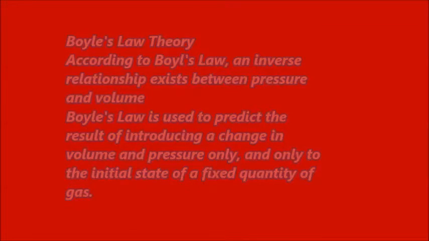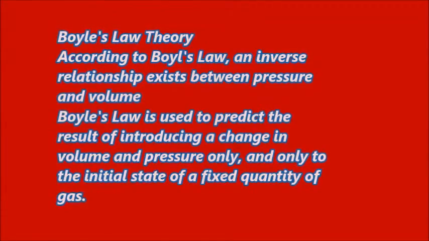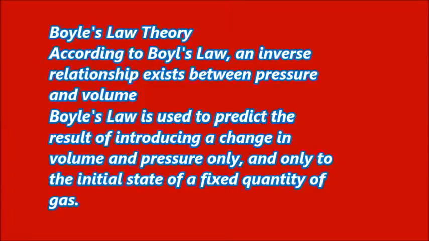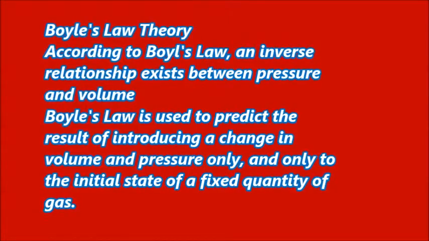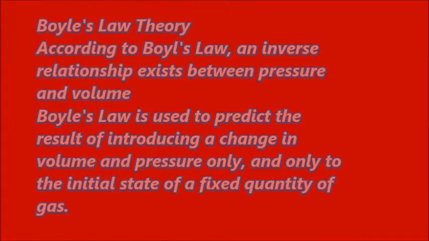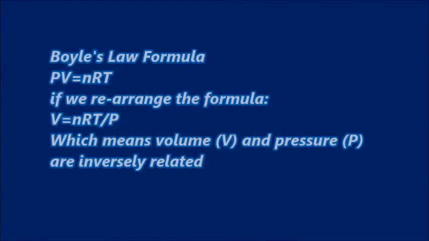According to Boyle's law theory, an inverse relationship exists between pressure and volume. Boyle's law is used to predict the result of introducing a change in volume and pressure only, and only to the initial state of a fixed quantity of gas. If we look at Boyle's law formula, PV equals nRT.